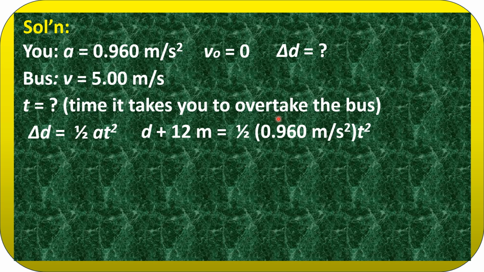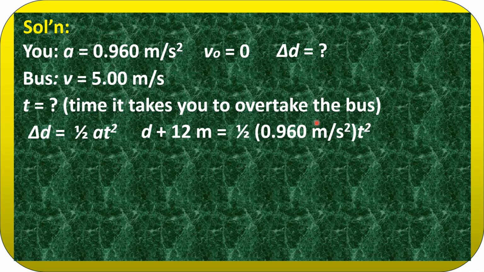So D plus 12 meters, of course, is equal to 1 half the acceleration and the square of the time, which when we substitute, we have 1 half, the acceleration 0.960 meters per second squared multiplied by the unknown variable time t, that has to be squared here.